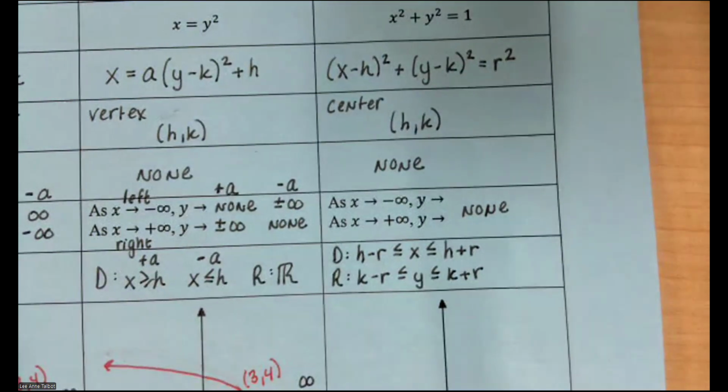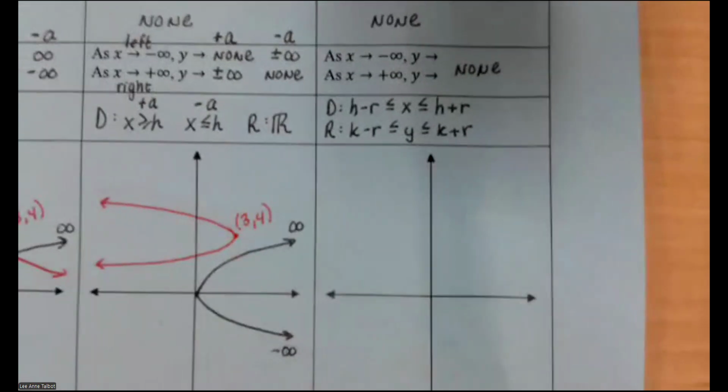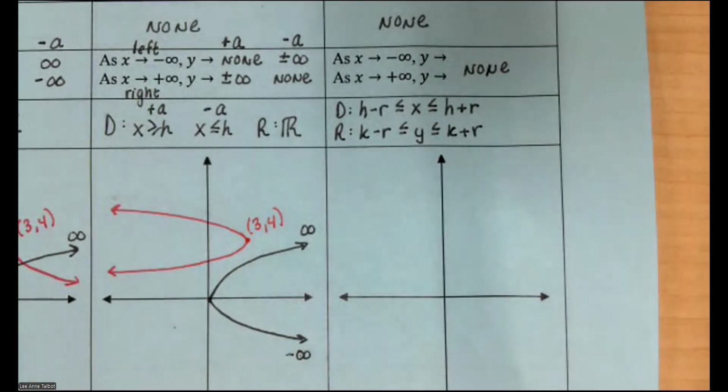It's way more complicated than just counting boxes, but there it is. If you ever wanted to have a formula for domain and range of a circle, there you go. But it's really complicated and not necessary.